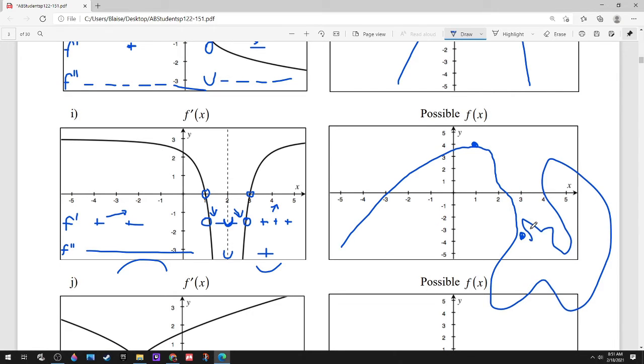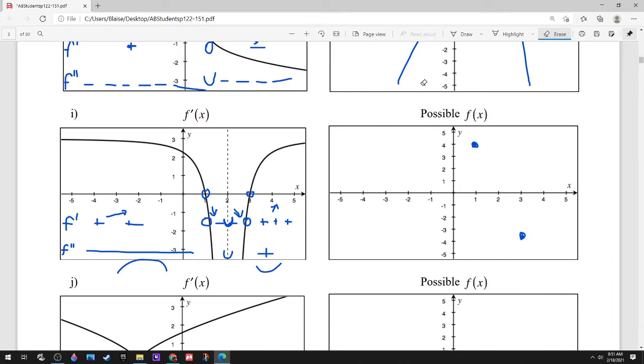Let's see, and then we go around in circles. All right, let's try again. So I'm supposed to have a maximum here, and then a minimum here. And at 2, I'm supposed to have like a little vertical section.